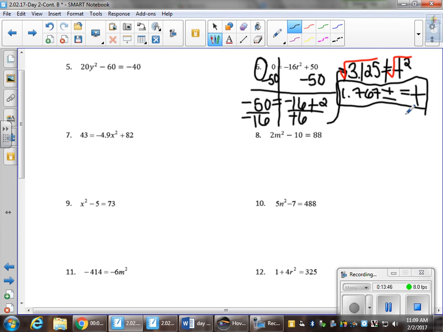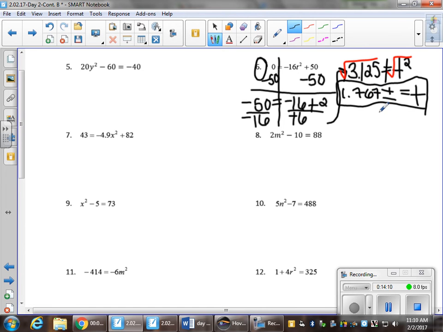Why do plus minus? Because if we were to do negative, and you can even do it in your calculator, negative 1.767 times negative 1.767, that's still going to come out to positive 3.125. Because 2 positives multiplied together is positive, and 2 negatives multiplied together is also a positive. So you have to have the plus or minus.